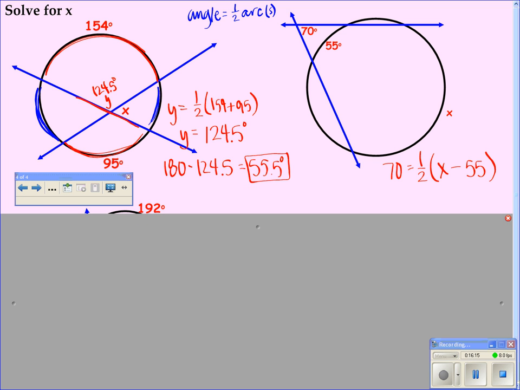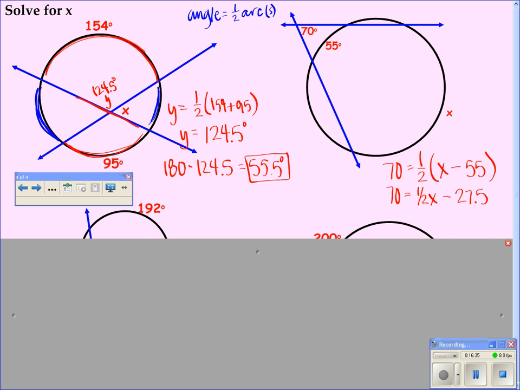Yep, we can distribute. 70 equals 1/2 x minus what? 27. Yes. Okay. Now what? Plus 27.